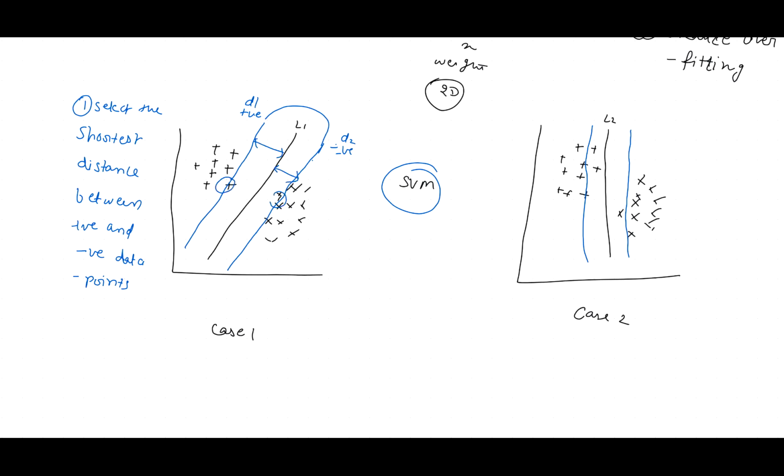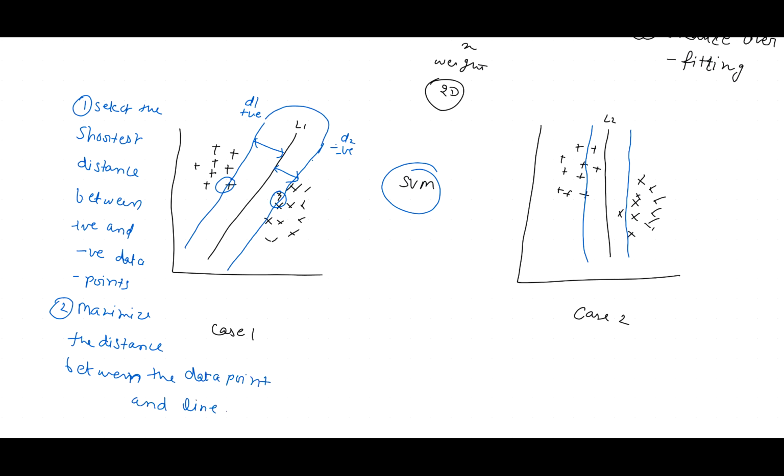Its second goal is to maximize the distance between the data points and the line. Okay, so there is just a small difference.